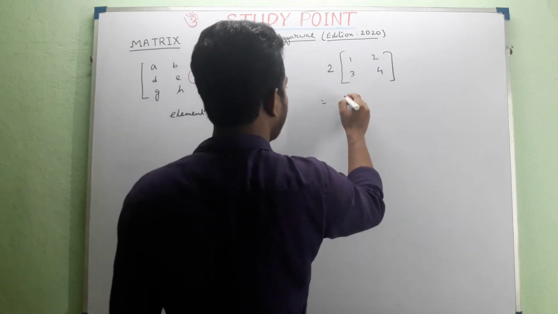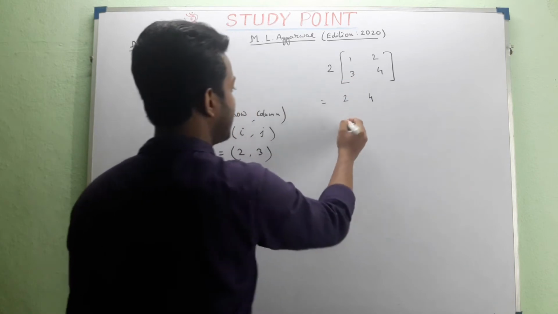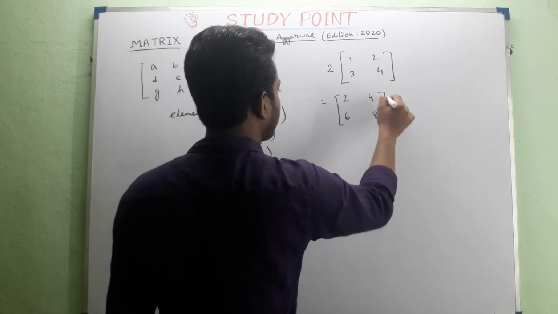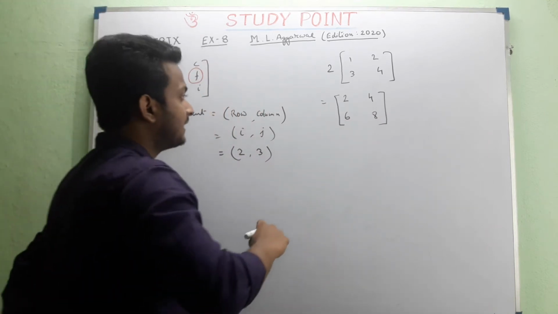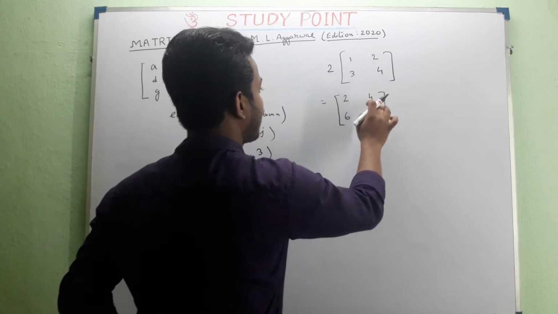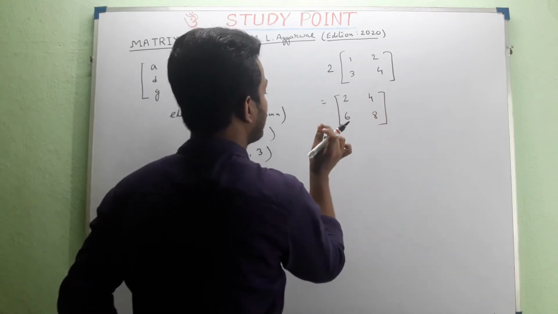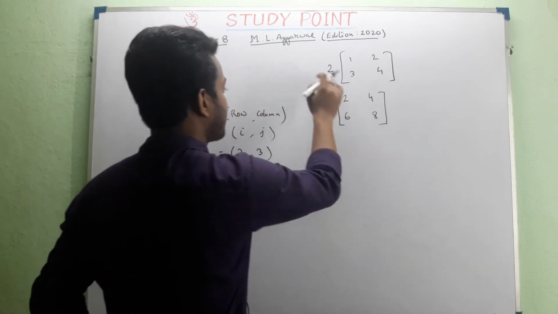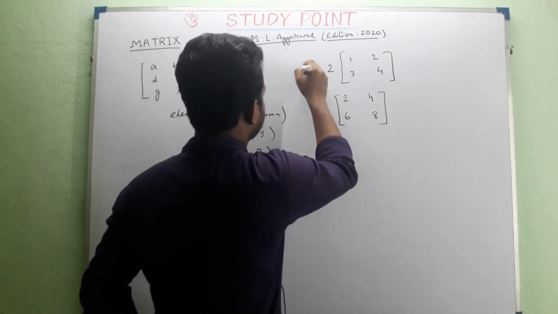So 2 into 1 is 2, 2 into 2 is 4, 2 into 3 is 6, 2 into 4 is 8. Consequently, we can also see that if in any matrix each and every element is a multiple of a common number, then it may be taken out as common from the entire matrix. Okay, and this is the one thing.